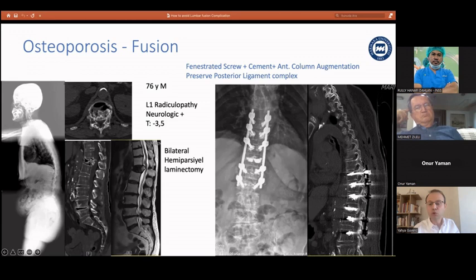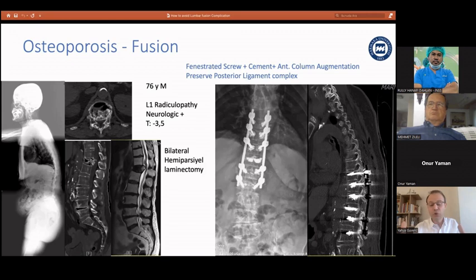We don't make a total laminectomy, because we are trying to keep the posterior elements, and we select fenestrated screws in here, and we put anterior augmentation in here.